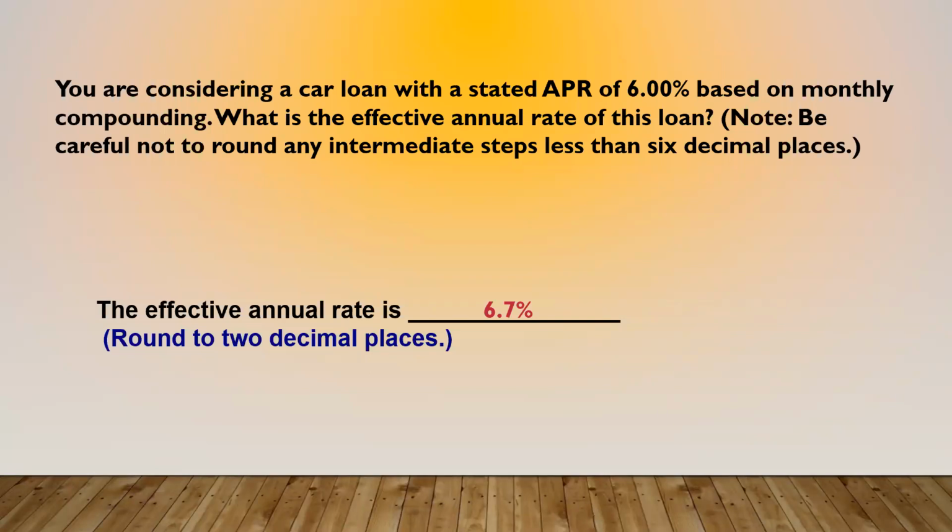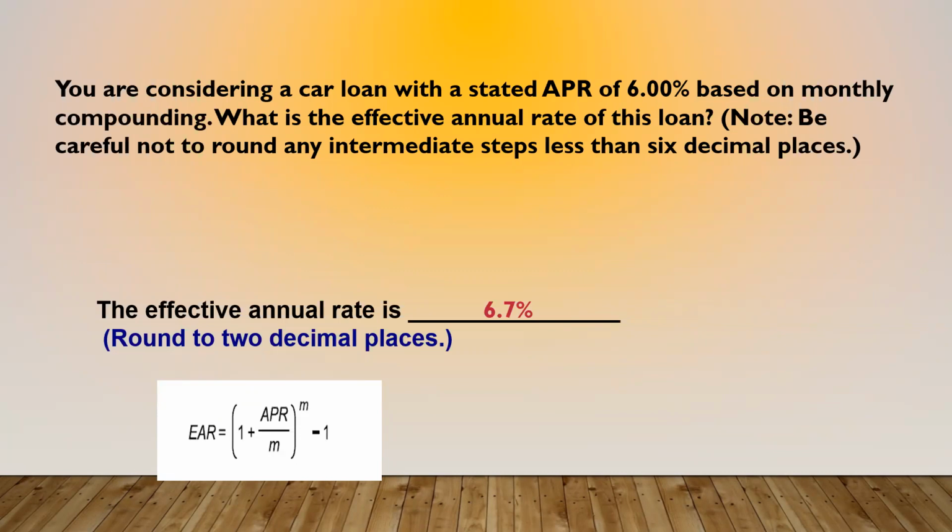6.7%. And how did you arrive at that? This is the equation or the formula. You have the EAR equal to (1 + APR/M) to the M power, minus 1.